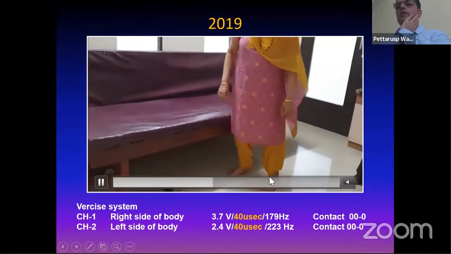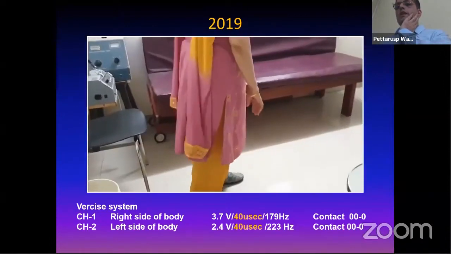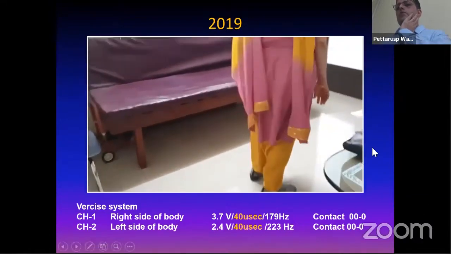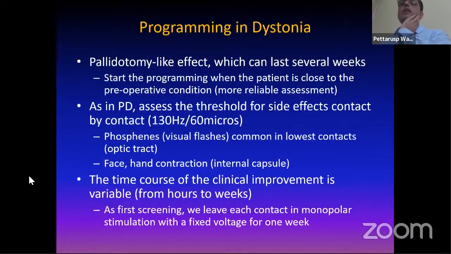The requirement of Botox has completely stopped. She feels she's steadier on her feet, and she's able to walk even without support, which she wasn't able to do earlier. So this is just to highlight that when you lower the pulse width, you're able to reduce some of the side effects which were happening from the stimulation, and we got some improvement in her case.